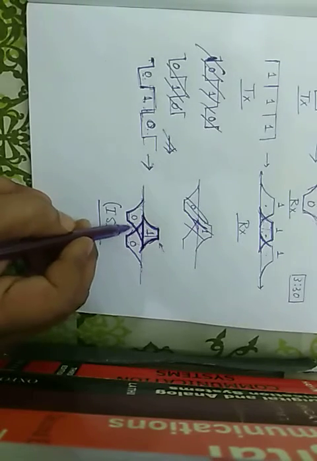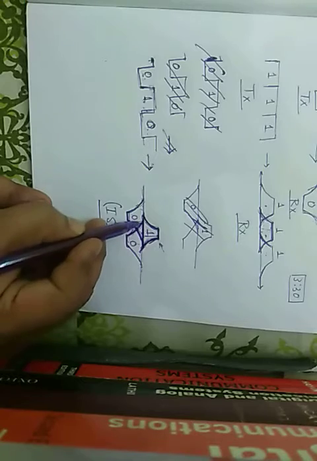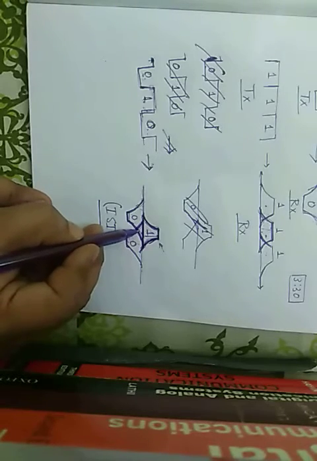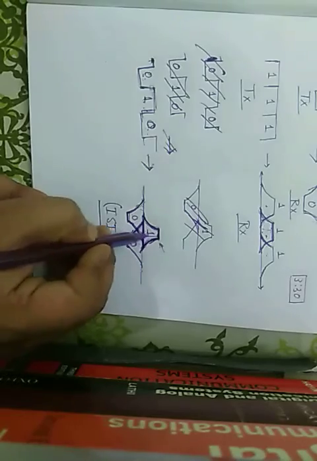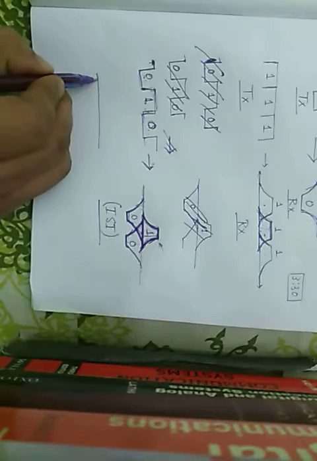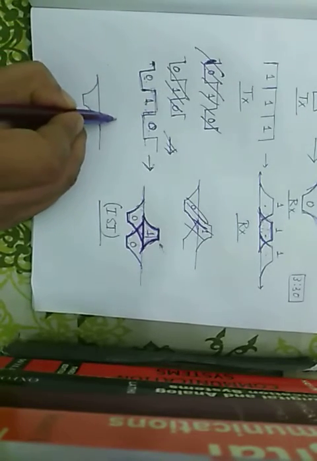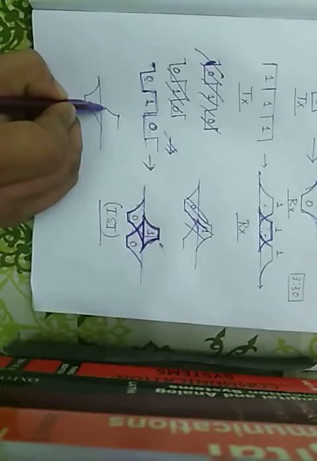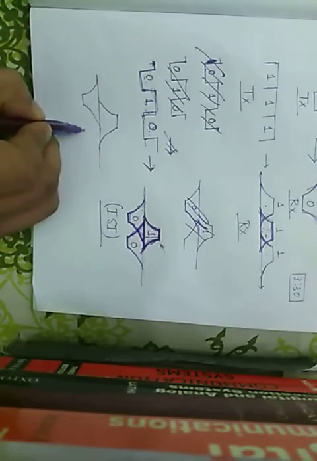But due to the tail of the 0 entering this region, suppose I am sampling the pulse, I am redrawing the same thing over here. This is my first 0, this is my 1, and this is my second 0.